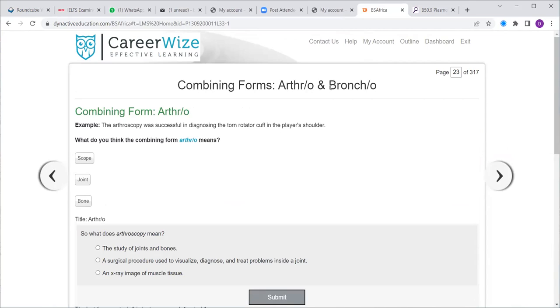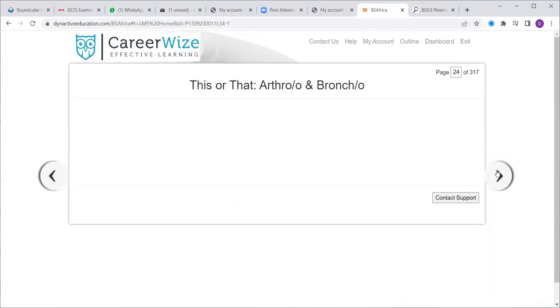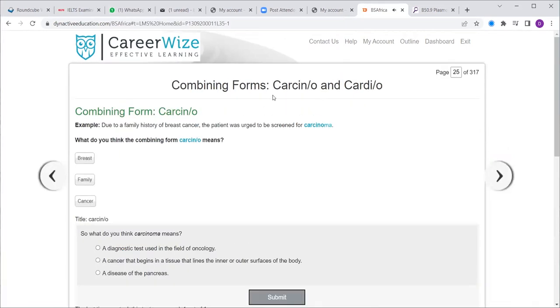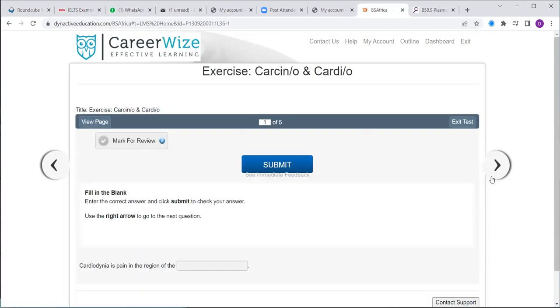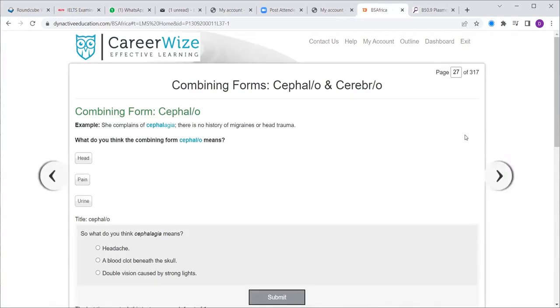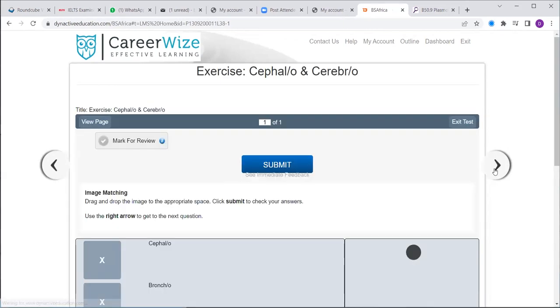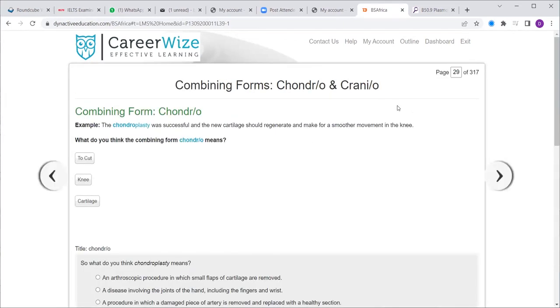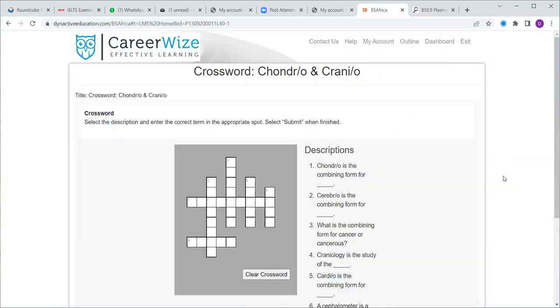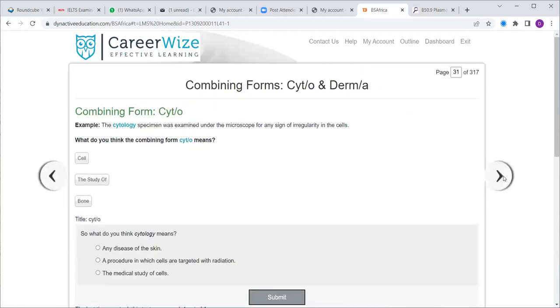So you go through all these medical terminologies. The combining forms have been arranged in alphabetical order. So from A, you go to B, broncho. From B, you go to C, cardio. From C, you go to cephalo, cerebral. Then to D, and at the end of each, you do a test, chondro, cranial. All of them mean something.